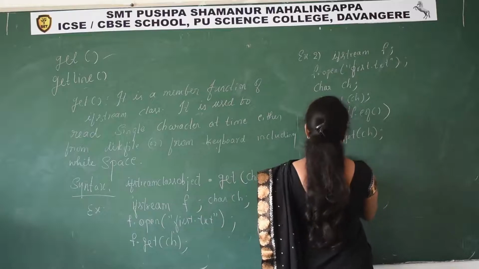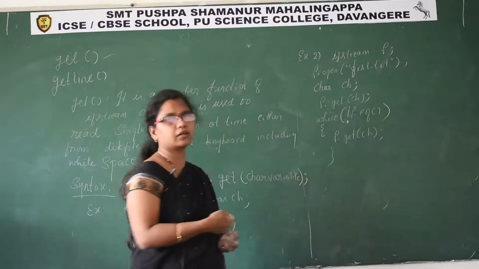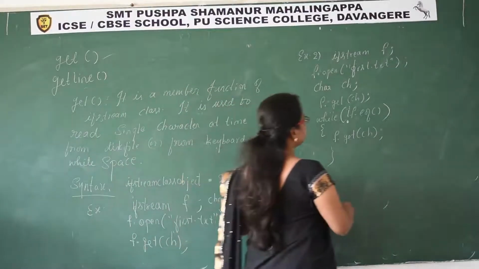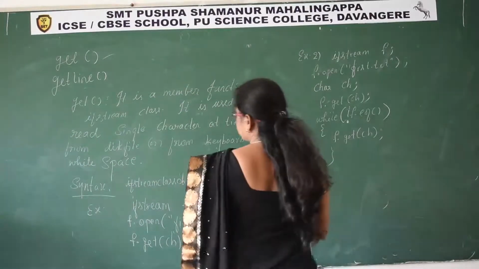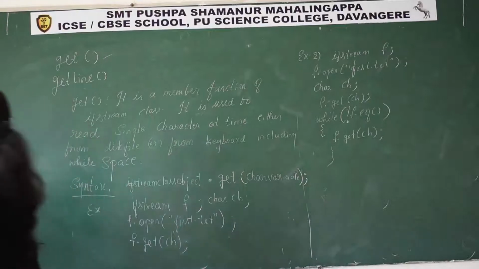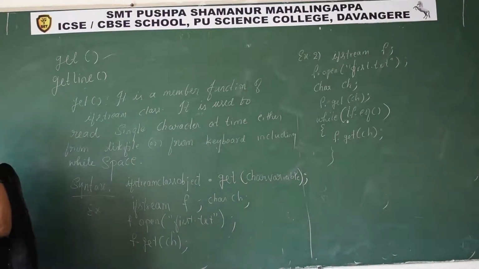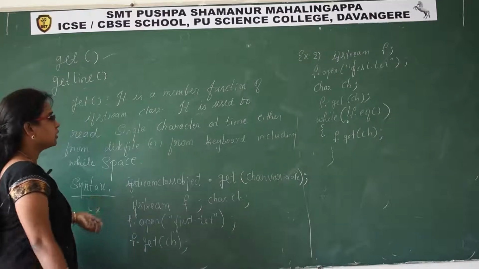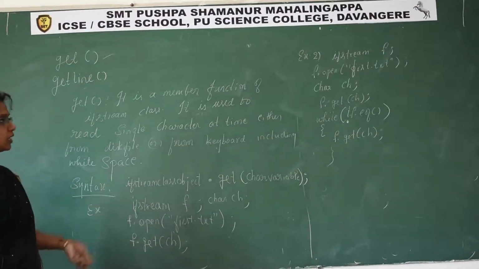If it is not end of file, again it has to read a character till it reaches end of file. So this is another example. So this is about the get function. Usually they won't ask programs on this topic. They'll ask only the main code like this: What is the get function? Write its general syntax and give an example. This is enough.